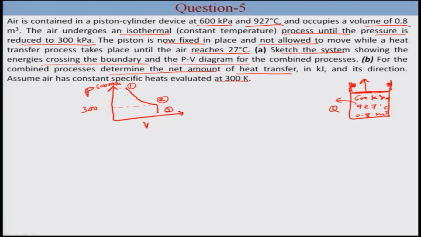The second part of the question asks for the net amount of heat transfer in kilojoules. So we need to determine the net amount of heat transfer. For that, this is a closed system. So for a closed system, the energy balance would be E in minus E out equal to the change in energy of the whole system.